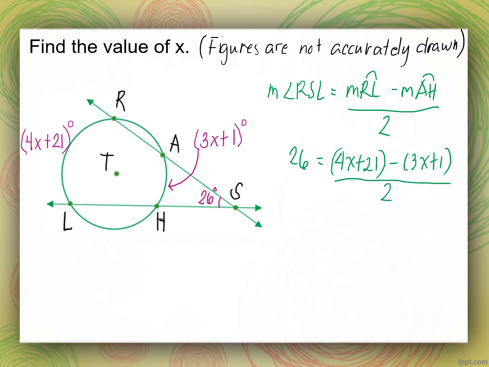Now we can cross multiply, so we will have 26 times 2, which is 52. And then let's simplify your numerator. So you will have 4x minus 3x, that is x, and 21 minus 1 is 20. Okay, solving for x, we have 52 minus 20, and that is 32. So we got the value of x.